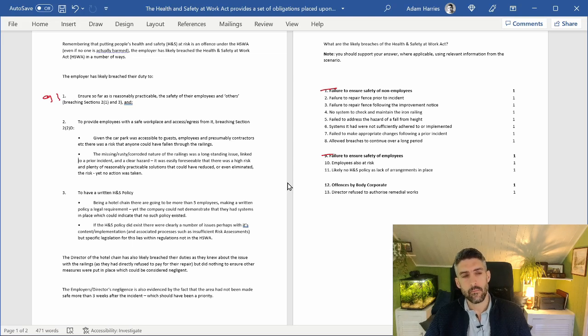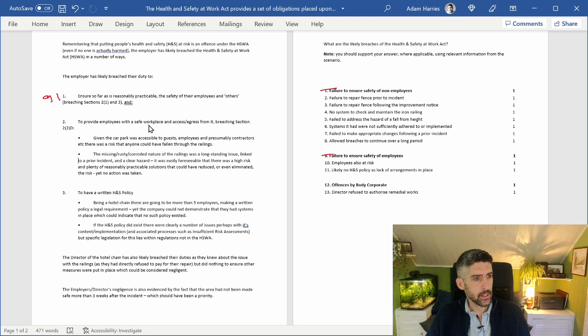So this is the takeaway from that: avoid duplication, avoid repeating your points. Easy marks really, because even a rudimentary knowledge of the Health and Safety at Work Act would get people to these 2 marks.